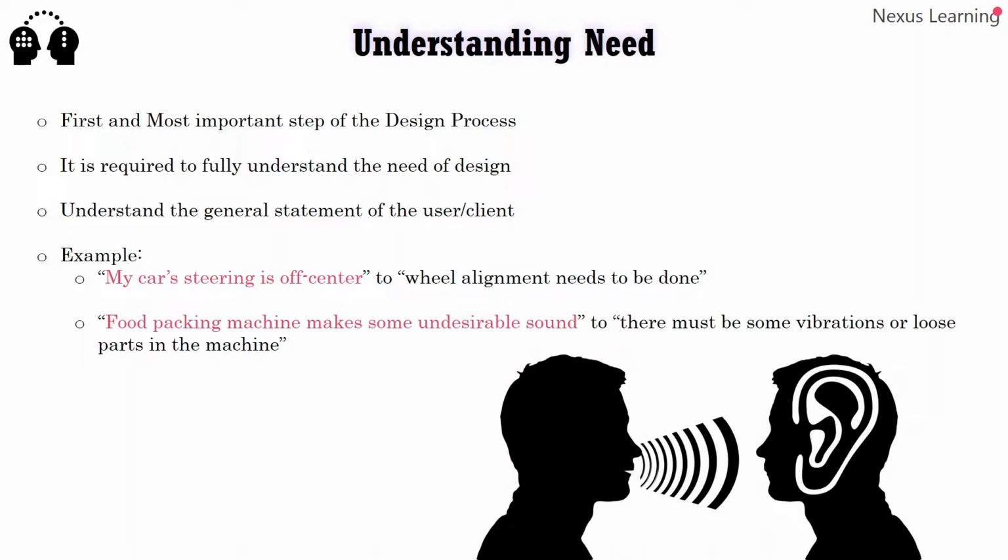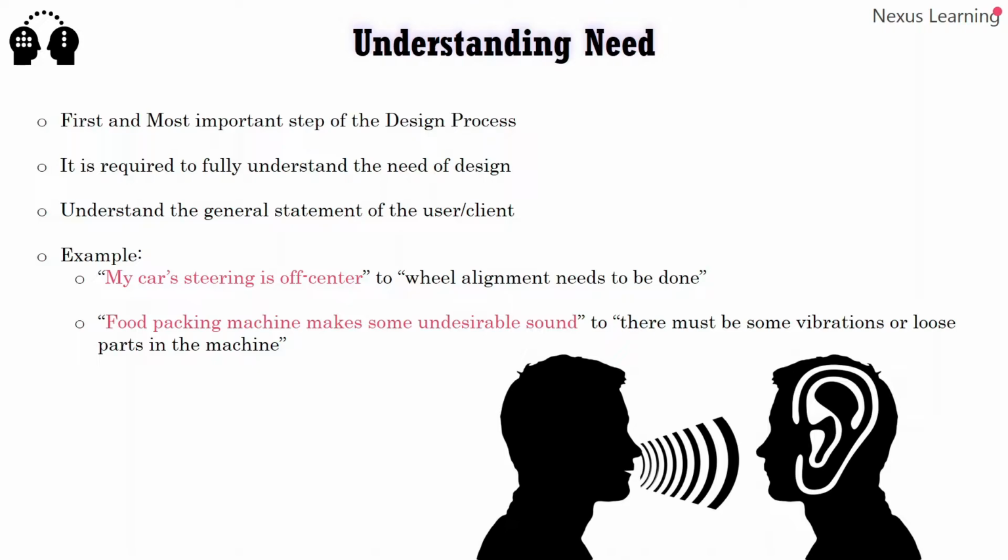For example, if a car goes to a mechanic, the user says, my car steering is off center. So when I am driving straight, my steering is a bit off, turning to the left or the right. So what does it tell the mechanic? Okay, so it requires wheel alignment. So that is understanding the need.